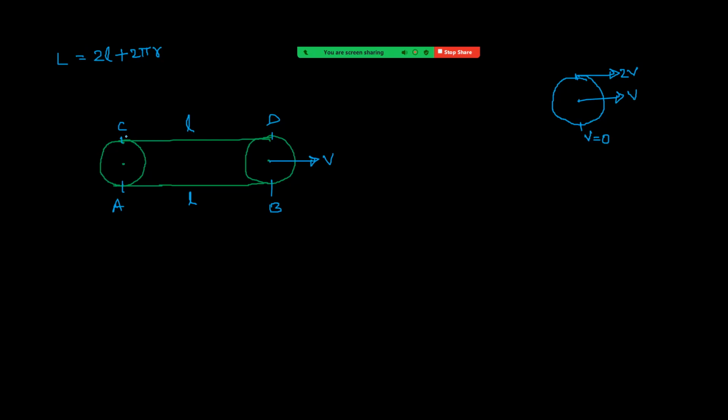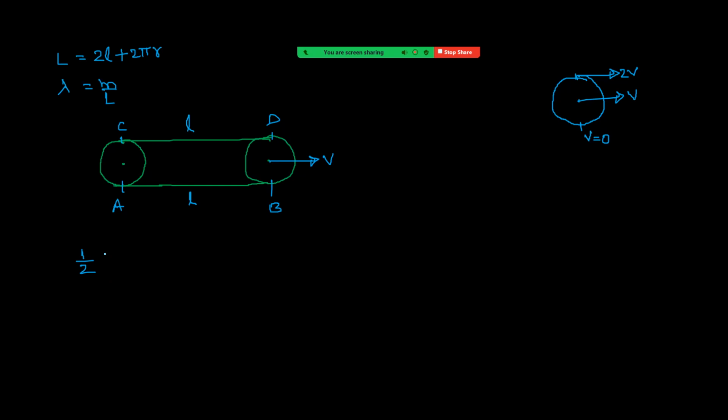So here what I am doing is first focus on the AB part. For the AB part velocity is 0, so no kinetic energy. Now focus on CD. For the CD part, kinetic energy of the corresponding mass. Let us take lambda as mass per unit length.